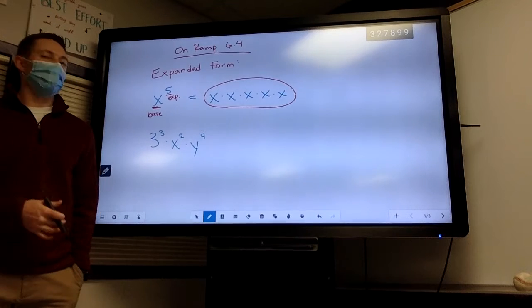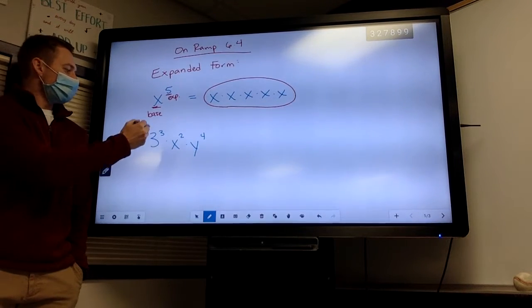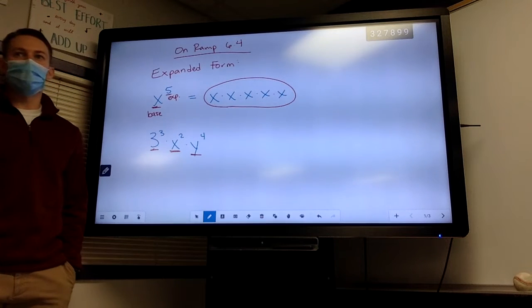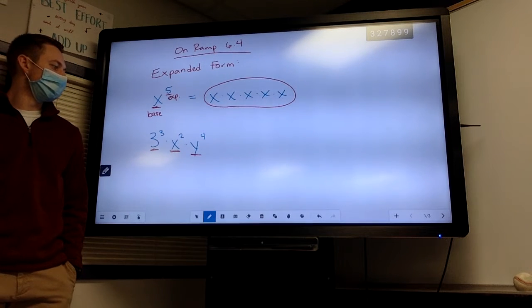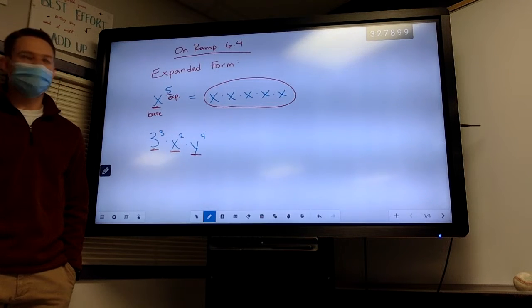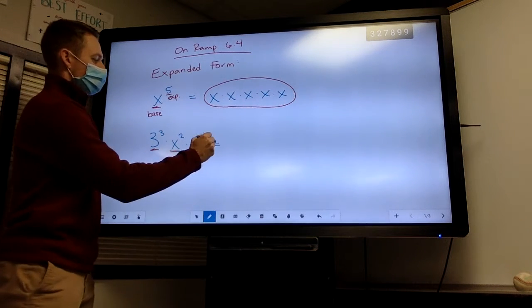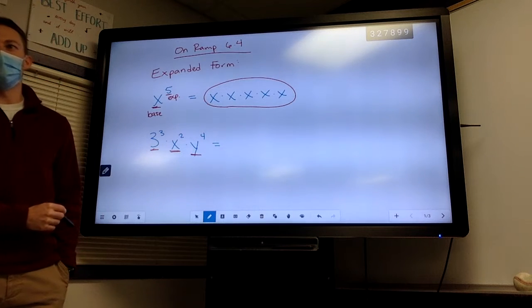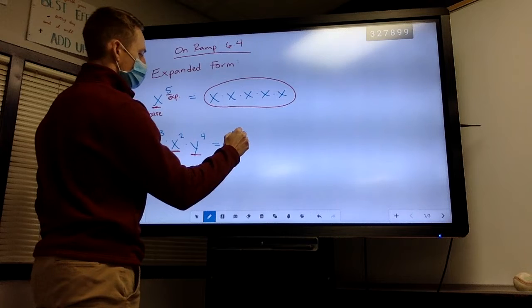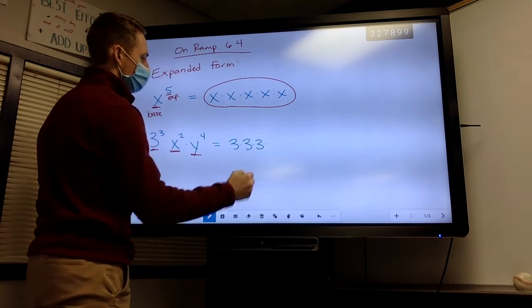But we can also do this when we have multiple bases. So in our second example, we have the bases 3, x, and y. So 3 cubed times x squared times y to the fourth. And if we expand this out, how many 3's do we have? 3, right? We're going to multiply 3 by itself 3 times.